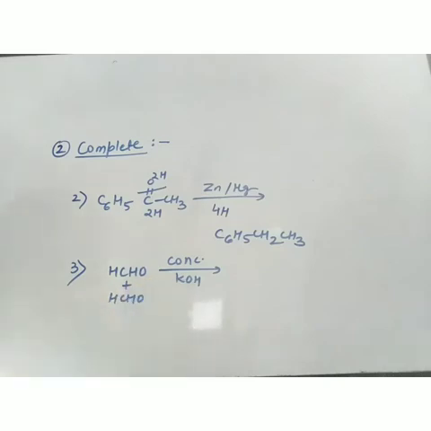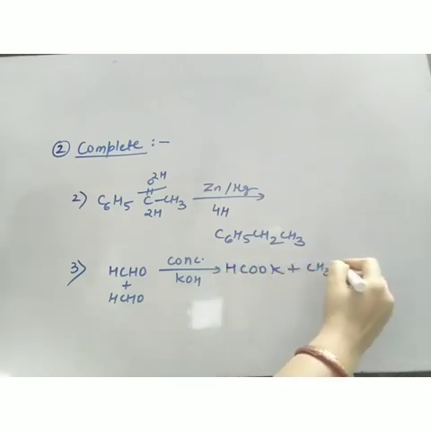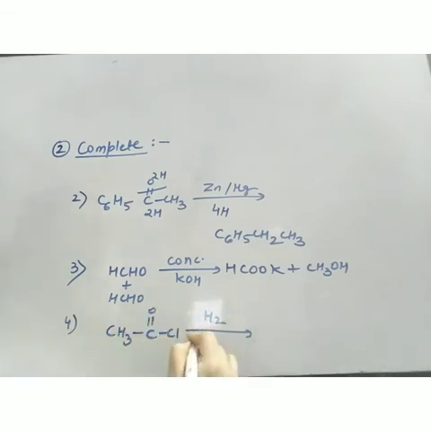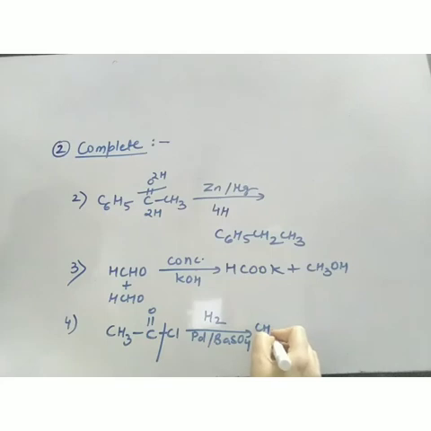It is a sign of the Cannizzaro reaction, and in the Cannizzaro reaction, 1 molecule is oxidized and 1 molecule is reduced. So I will get this product. The last question is nothing but the Rosenmund reduction. So it is CH3COCl, and hydrogen is added in the presence of palladium on BaSO4. Now this bond will break and we get an aldehyde. This method is used for the preparation of aldehydes.